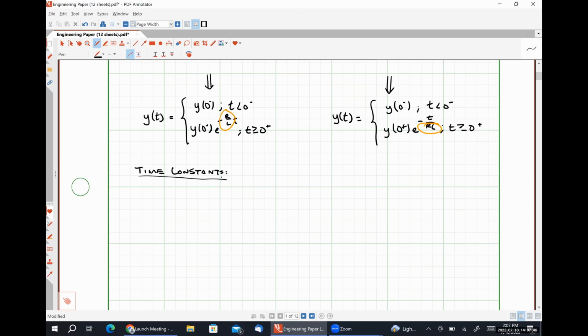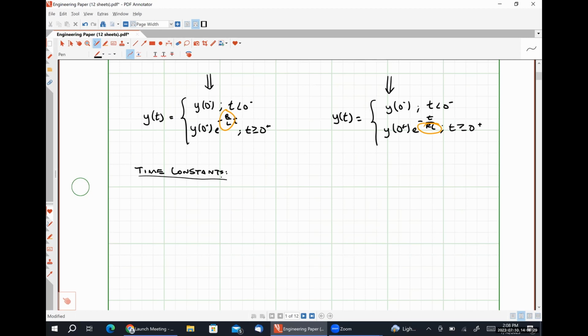For those of you who are familiar with chemistry, it's similar, but not the same as the concept of a half-life, the amount of time that it takes a radioactive material to decay by half of its initial quantity. A time constant is defined as how long it takes an electrical signal to decay to about 37% of its original value. You might be saying to yourself, well, 37% seems like kind of an odd number, and it definitely is, but it's rooted in a simple mathematical definition.